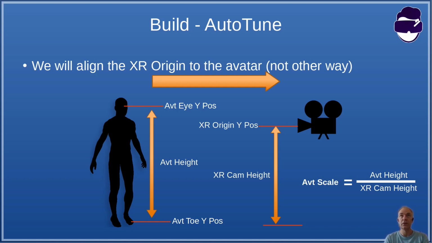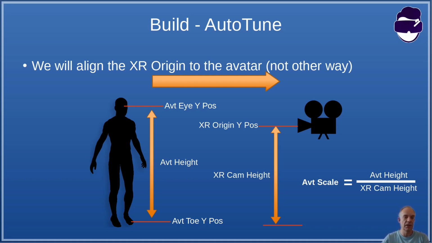To do that, we will need access to an animator IK call, which we'll use to identify the position of the toe of the avatar. The difference between the two is the height of the avatar. For the XR origin, the XR camera height is basically the height of the XR origin. You can very simply calculate the scale of the avatar, which I branded avatar scale, as the avatar height divided by the XR camera height.